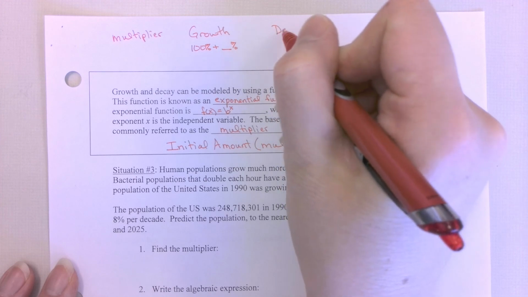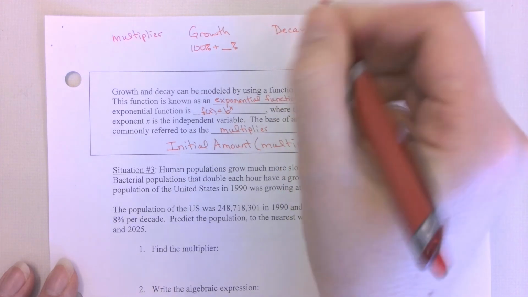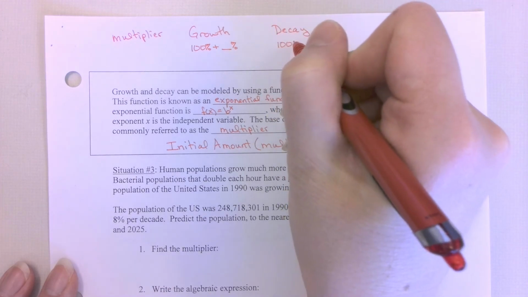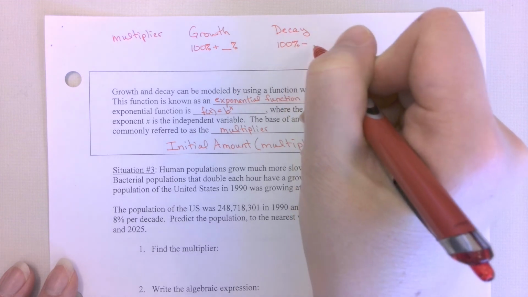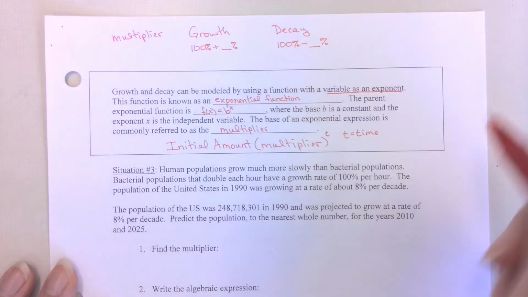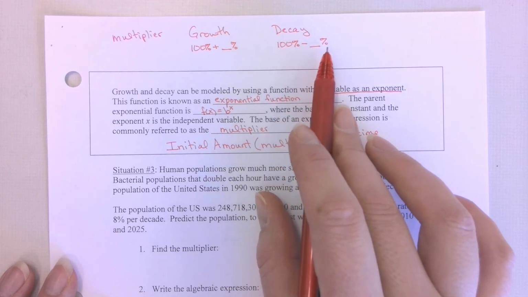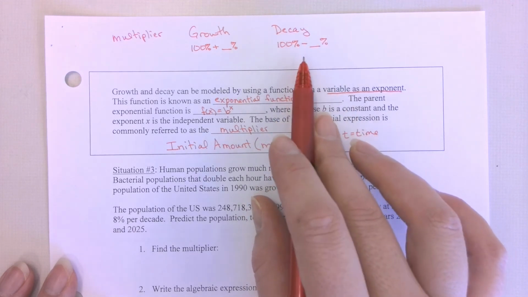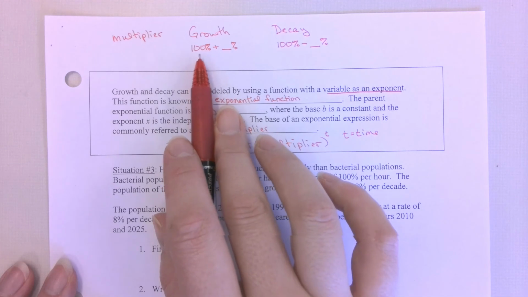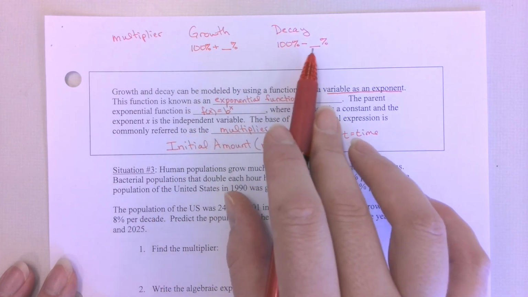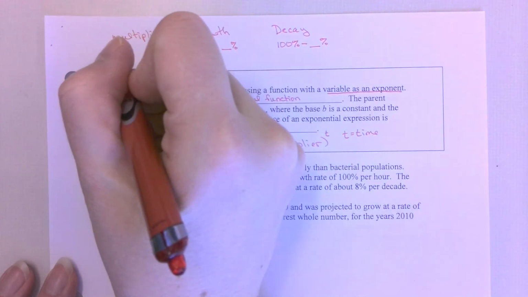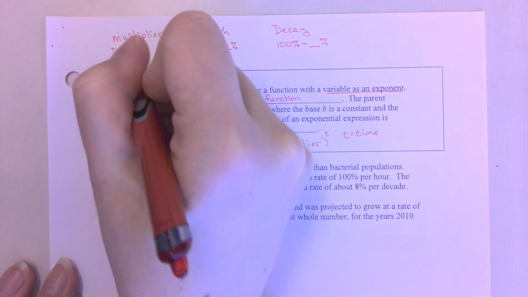Decay, when you're losing something, when it's going away, is always going to start with what you had at 100%, and you're going to take away that percent. So if you're losing 20%, I'm not as interested in what you're losing as what you have left. So growth is always going to be 100% plus, decay is always going to be 100% minus, and the multiplier should always be in decimal form.